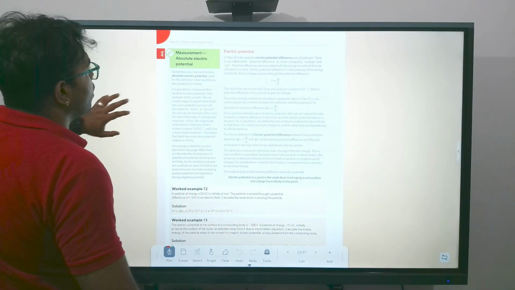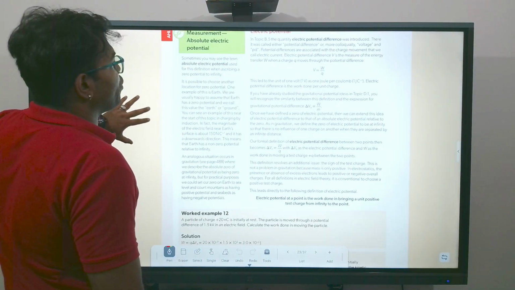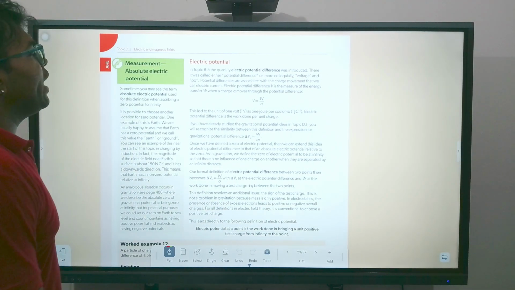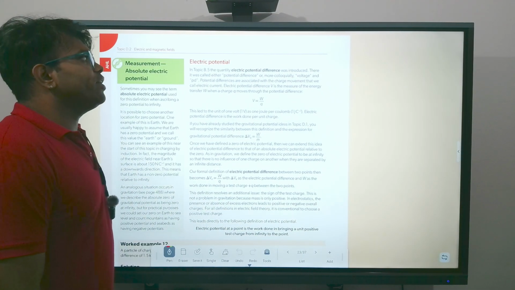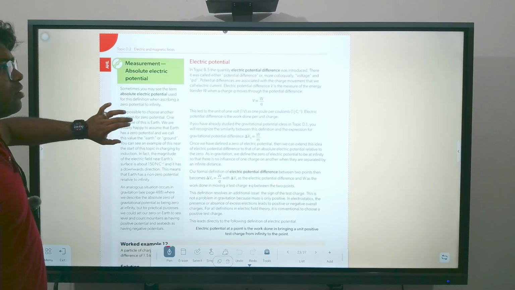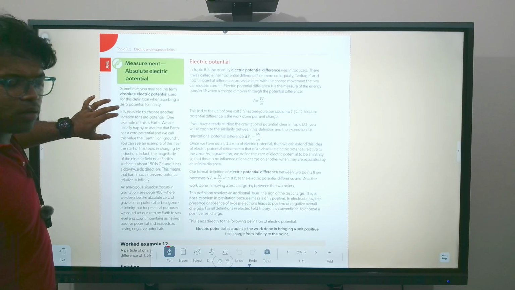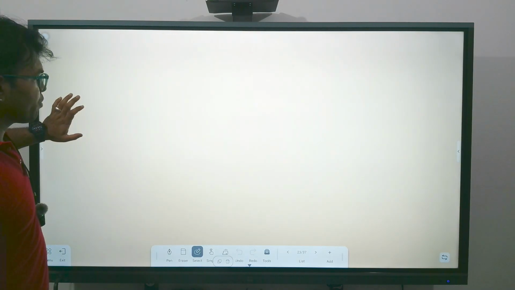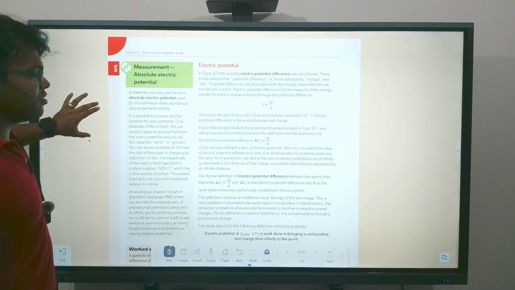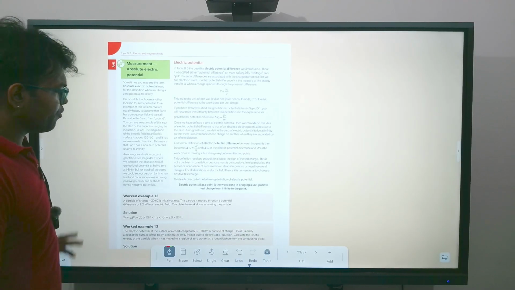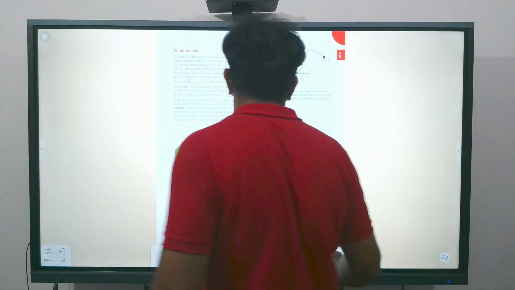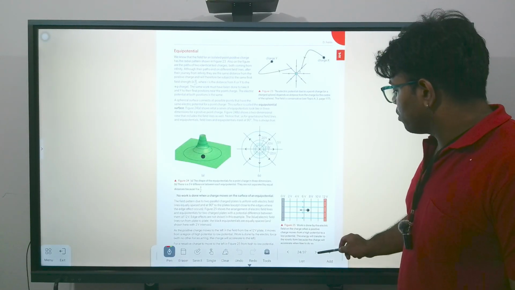Okay, next one. So, electric potential. In topic B5, the quantity electric potential difference was... Oh, this is not part of the syllabus?